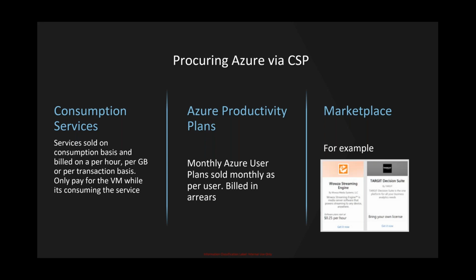So, per user, billed in arrears, Azure Active Directory Premium and such like. And then finally, there's the marketplace with, for example, Ultima's product, Autonomous Cloud, but also Wowza Streaming Engine, and the Microsoft marketplace where you can go on and consume that directly.